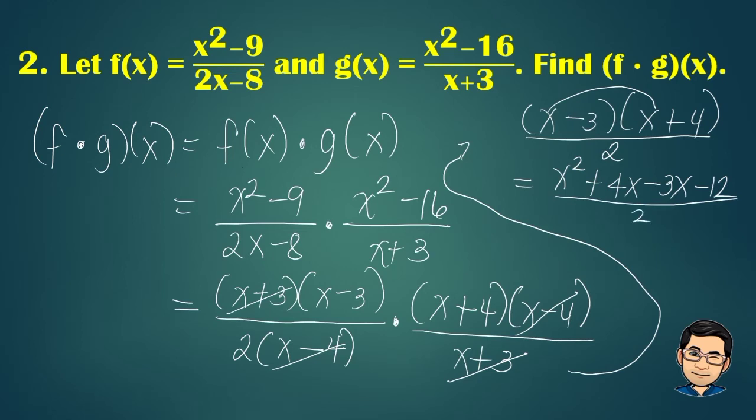So, our final answer will be x squared plus x minus 12 all over 2. Okay, so pagpasensyahan nyo na yung sulat ko kung medyo masikip. Ang mahalaga doon is napakita natin yung final answer, which is x squared plus x minus 12 all over 2.